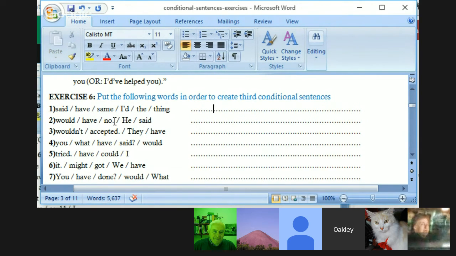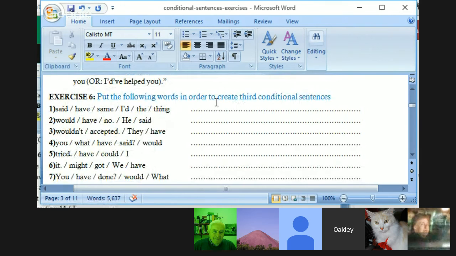I'd have something. The same. This is tricky because you have to add the if clause. It doesn't mention this.